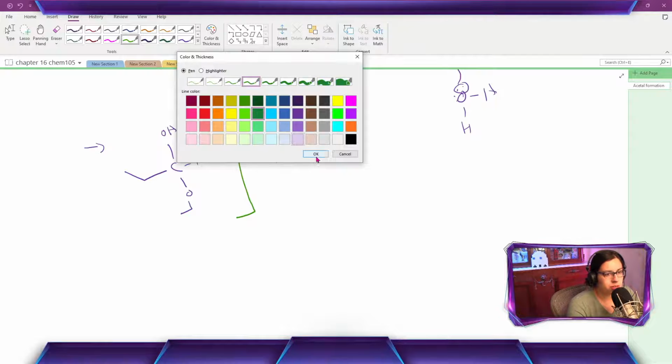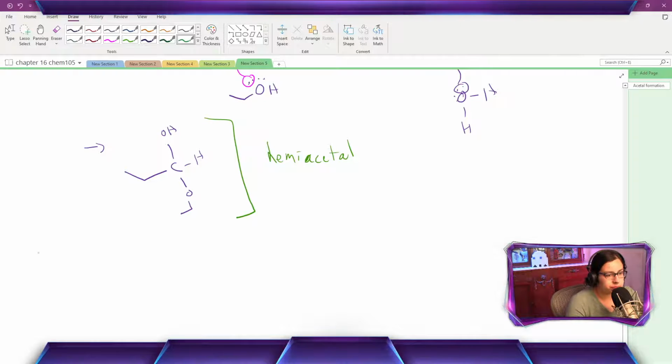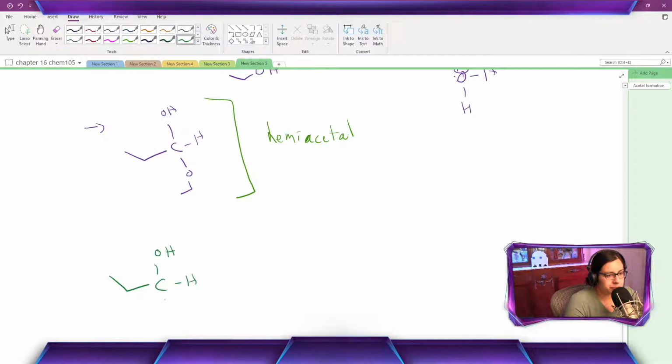I'm going to switch colors. So I'm just going to rewrite it. So now we're starting with our hemiacetal group. So it gets protonated again, because again, we're in acidic conditions.